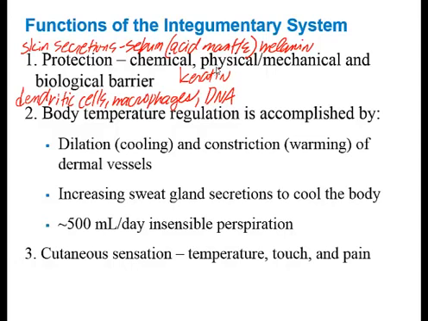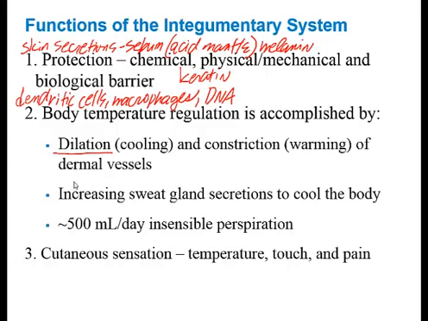Then the second important function is thermoregulation, body temperature regulation. So what happens when we are in a hot environment and a very cold environment? So we're well aware of the first example in Florida because of the heat. And when this happens, one way that our body cools itself is dilation of the dermal blood vessels.